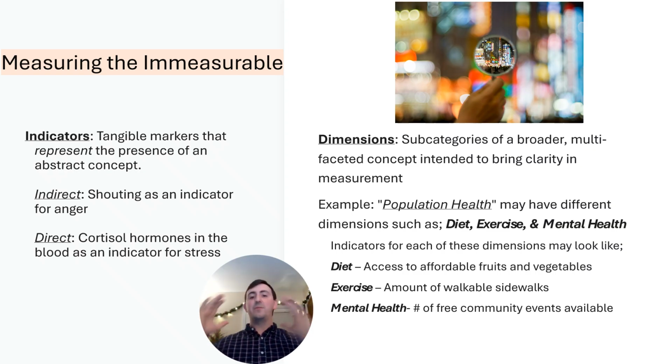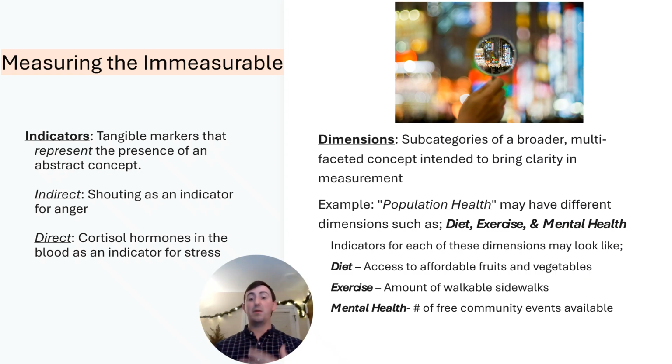Those dimensions help bring clarity to the measurement, because you can't just measure the whole thing all at once. You need to take steps in measuring different pieces or aspects or dimensions of that larger thing. So let's walk through an example together to really understand this.